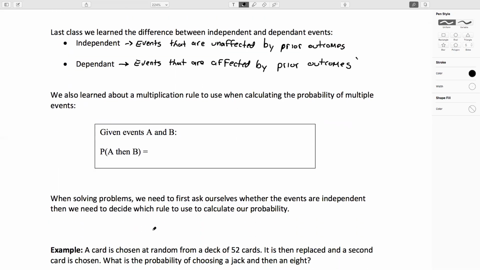So let's talk about probabilities. Given the events A and B, the probability of A happening then B, and this is for independent events, is given by probability of A times the probability of B, because B is not affected. We should probably make sure that we write independent only.